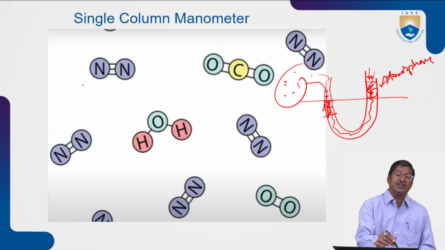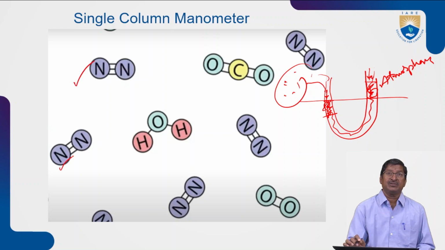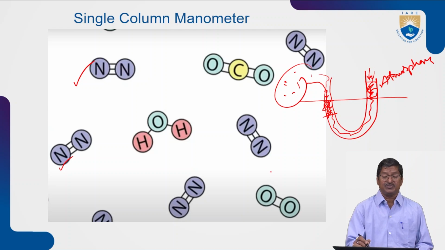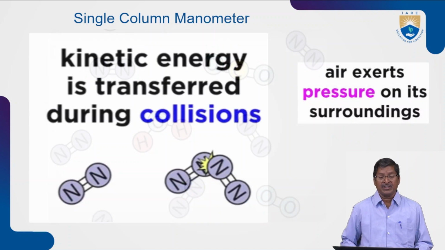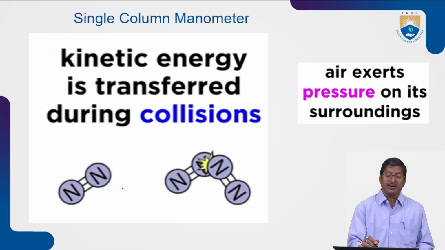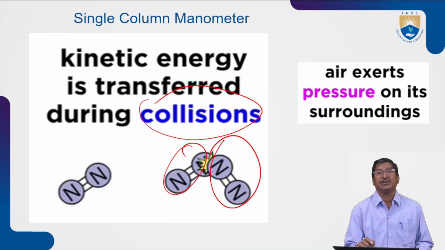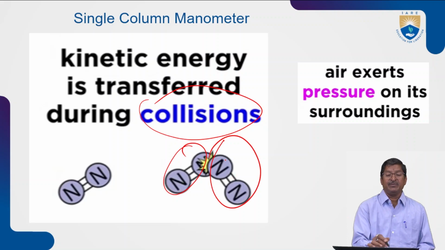We can see so many gas molecules, nitrogen, water molecules. All these molecules move in the atmosphere. Whenever they are colliding, what will happen?